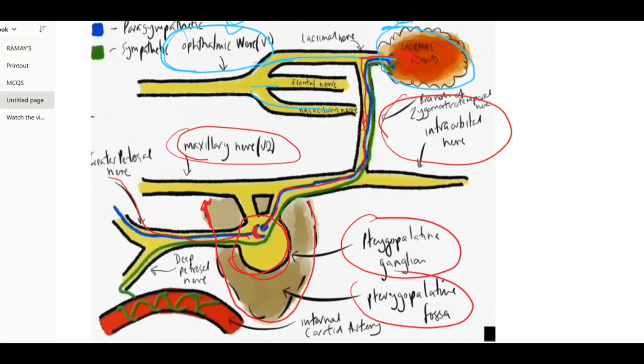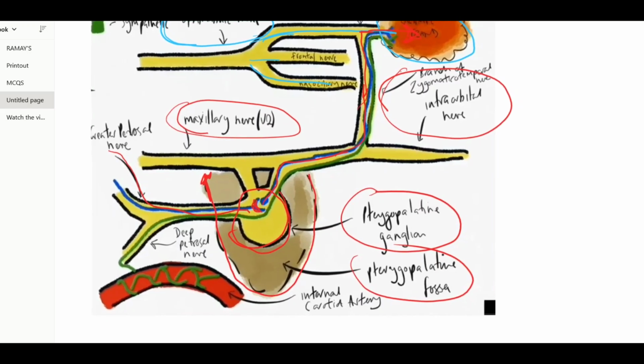Now look in the diagram there. This is the superior cervical sympathetic ganglion located along the internal carotid artery. From here, the fibers come via the deep petrosal nerve. Okay, then goes.